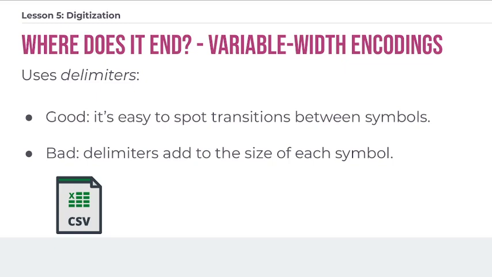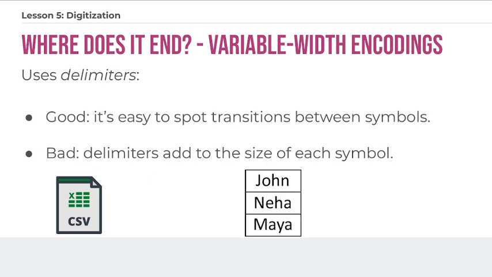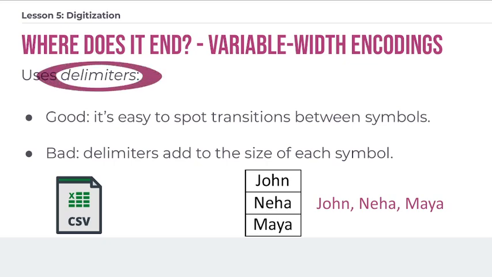But when it is saved, when it's encoded, instead of having all of these grid lines and column width and row height and formatting, all it does is pull out the values on the table and separate them by a comma. That's an example of a delimiter. In that case, the comma is the delimiter.